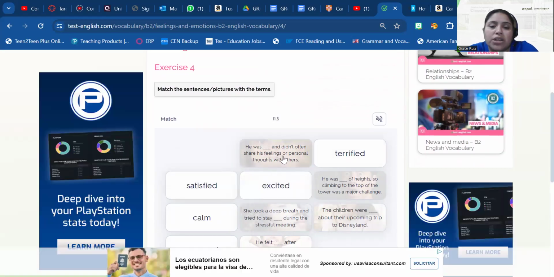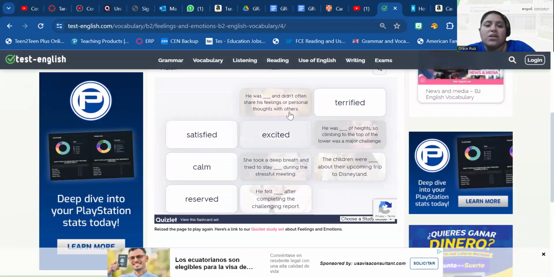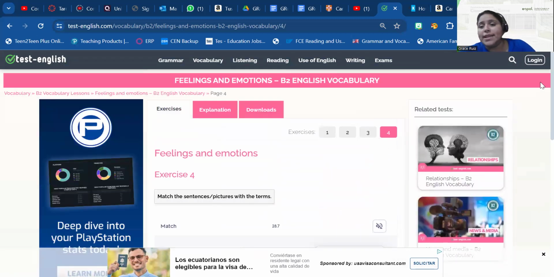Okay, you're going to match. He was and didn't often share her feelings and personal thoughts with others. He was reserved, right? And so on. So that's the way you want to do it. So definitely a great practice for vocabulary about feelings and emotions.